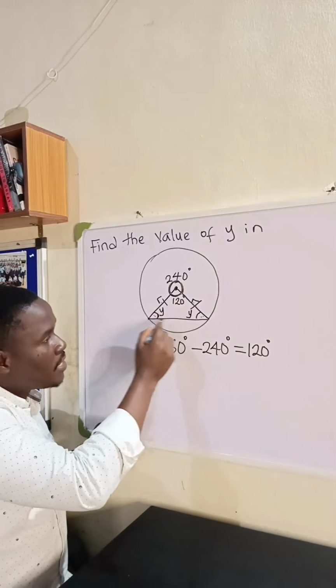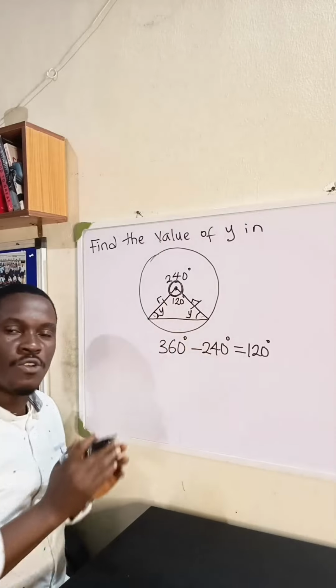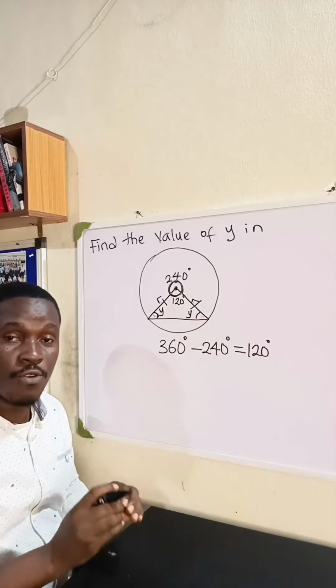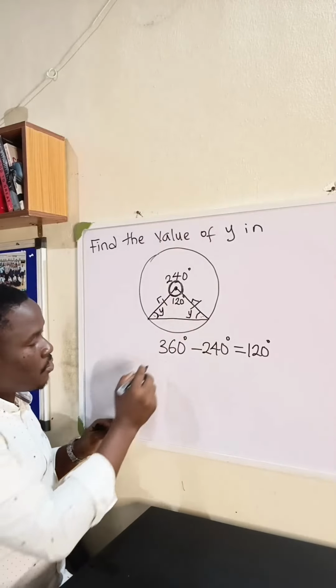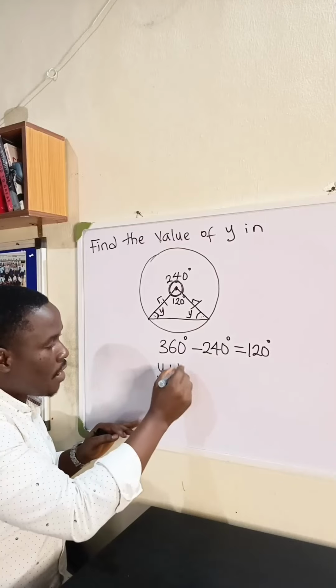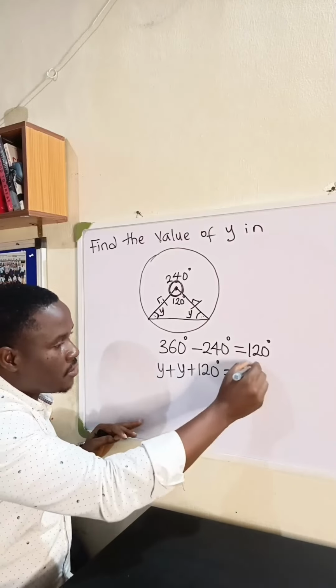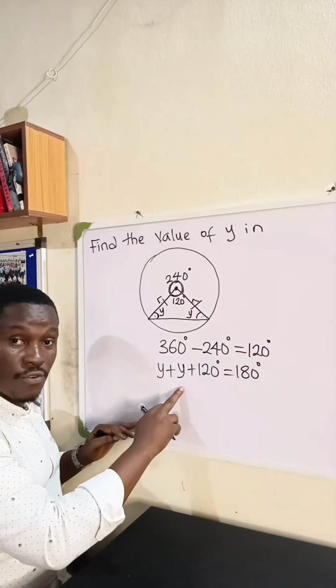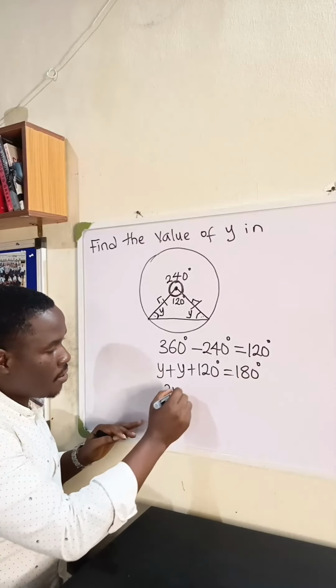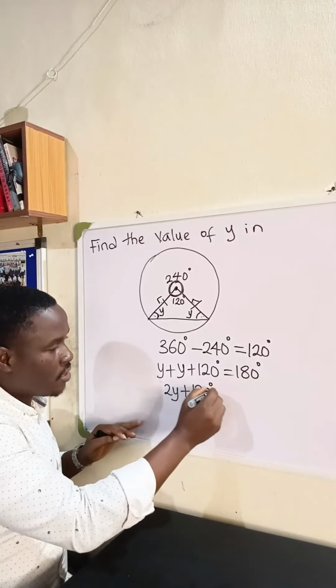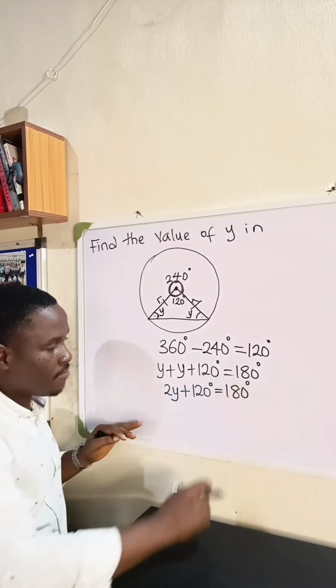So now looking at this triangle here, we know that the sum of angles in a triangle is equal to 180 degrees. So this means that y plus y plus 120 degrees is equal to 180 degrees. y plus y is going to give us 2y. 2y plus 120 degrees is equal to 180 degrees.